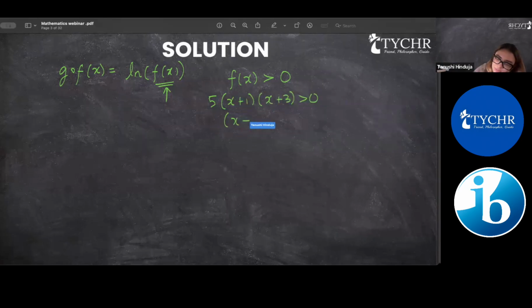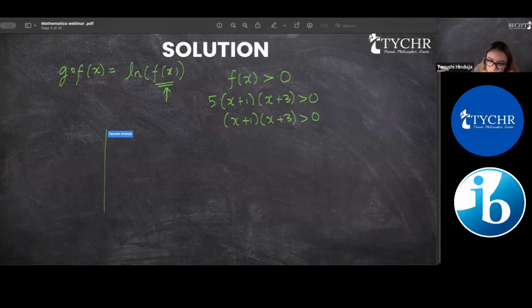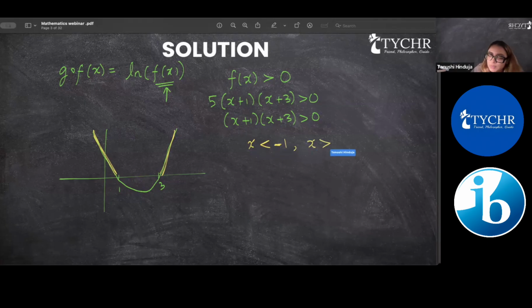So x plus 1 times x plus 3 is greater than 0. So if a quadratic is concave up and I want it to be positive, its roots are negative 1 and negative 3. That means I want it to stay in here and in here. That means I would want it to be less than negative 3 or greater than negative 1. And that would be the domain of the function g of f of x.